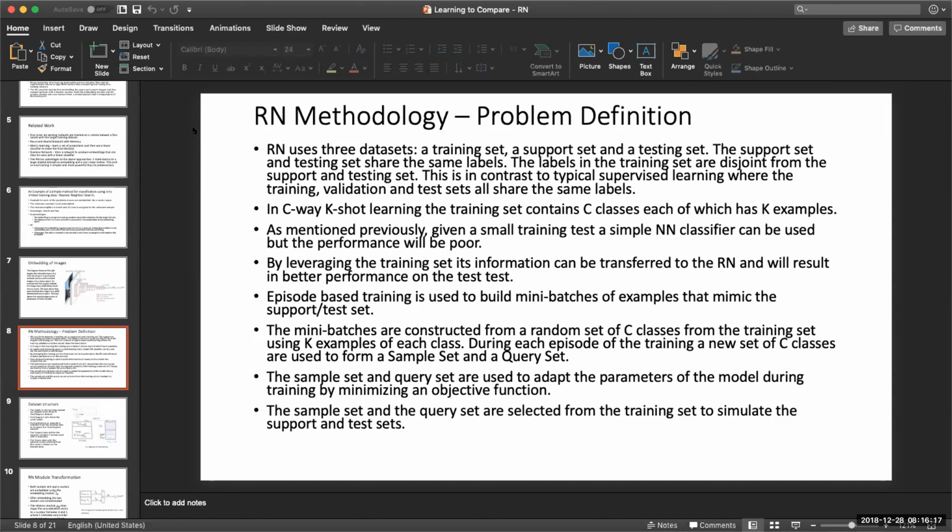If you did share all the same labels, then you probably wouldn't use this technique, because you could simply use the training set to build the model. The terminology used in the paper is C-way K-shot learning. That means the training set contains C classes, and there are K examples of each.